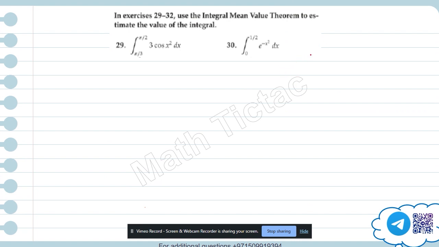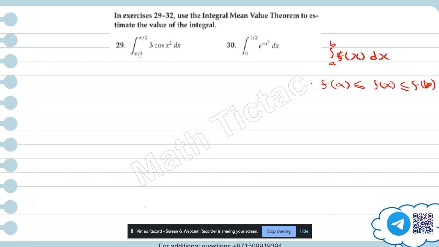Now, the integral mean value theorem says that if you have the integration from a to b of f of x dx, you can bound the value using the function. If it's an increasing function, f of a is less than or equal to f of x, which is less than or equal to f of b.